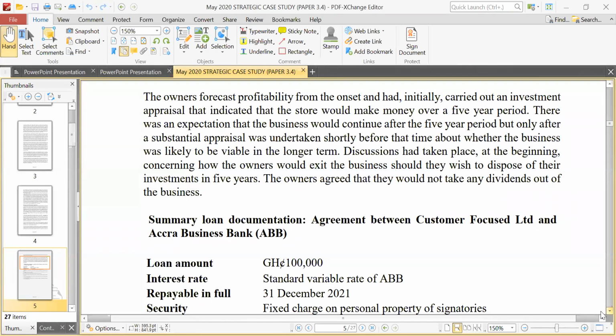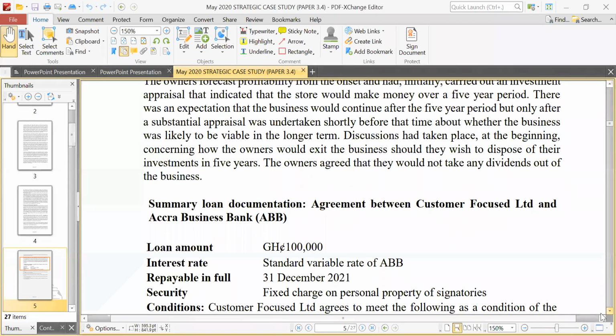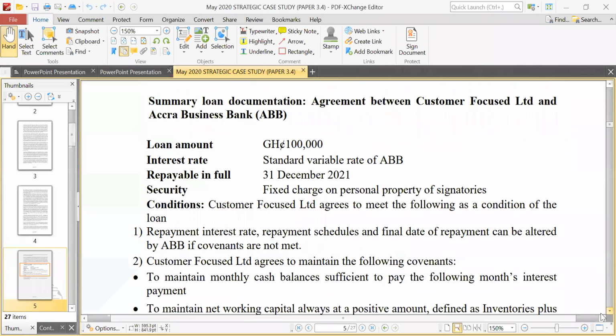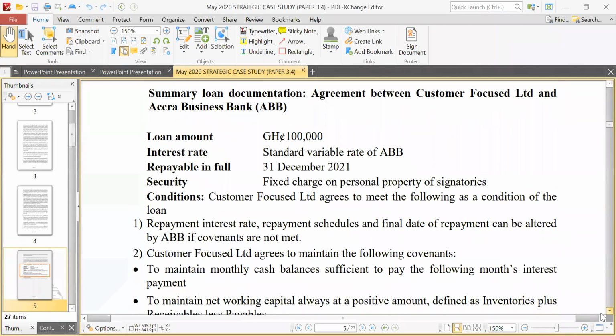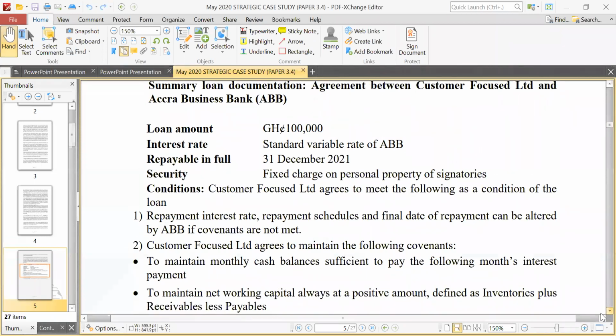One of the things that they are looking to do is whether they would continue with this investment or not. The last sentence brought some bit of hope where they are talking about them not taking any dividends, but reinvesting them back into the business. Okay, let's go on to the next thing.